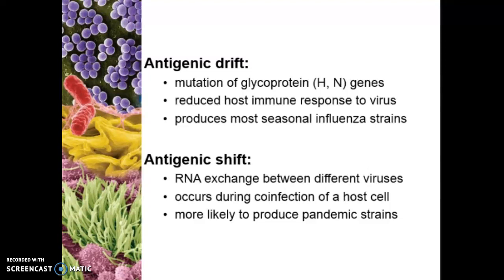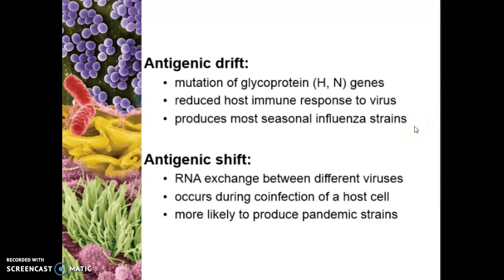Influenza mutates at a pretty high frequency, and it's really the hemagglutinin and the neuraminidase genes that are paid attention to. As those genes mutate, the proteins look different, and so that's going to reduce the host immune response to the virus. And that causes problems, right? Because our immune system can't fight it because it looks different.